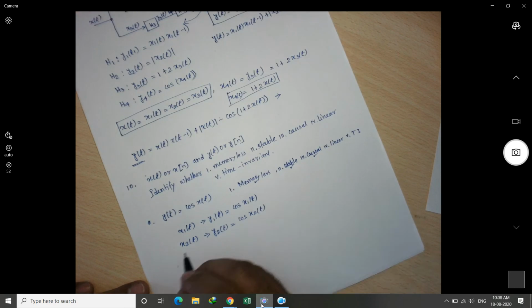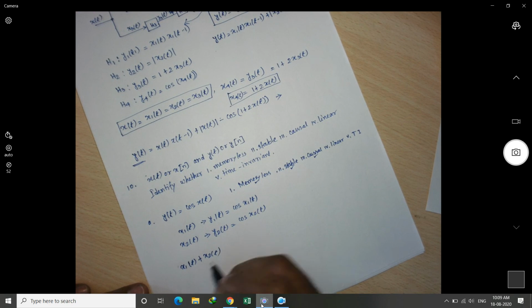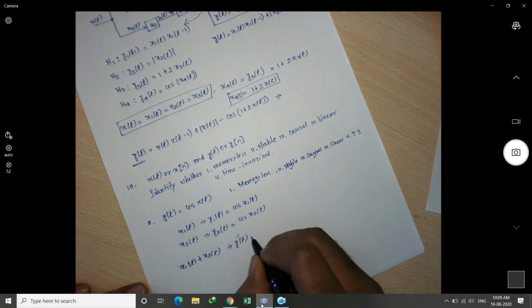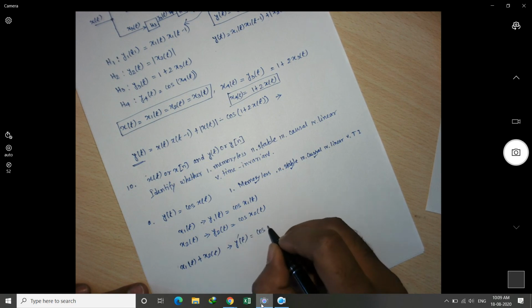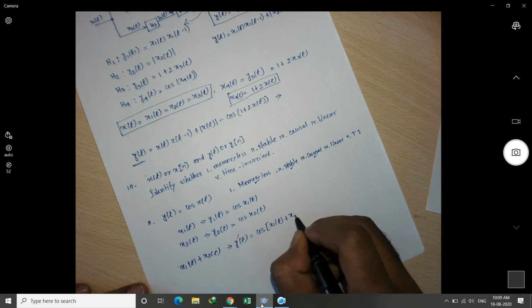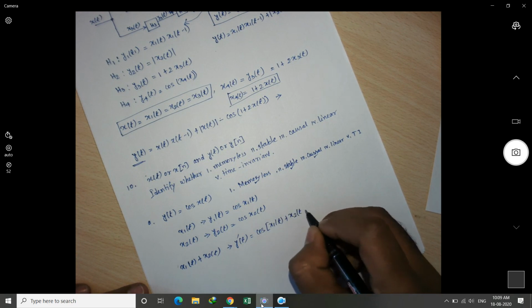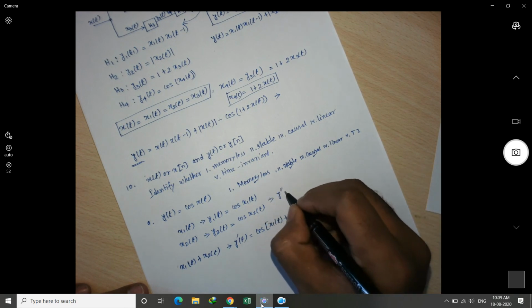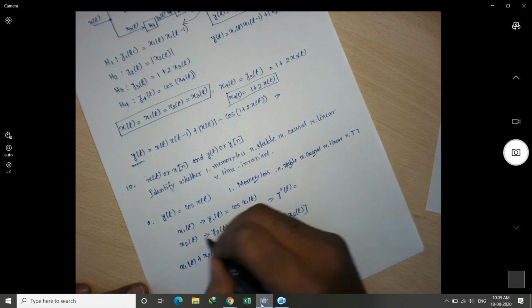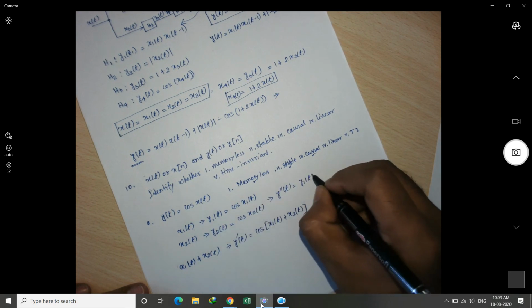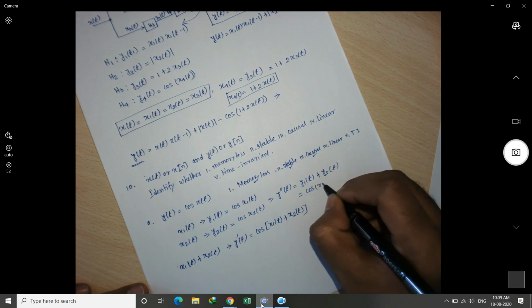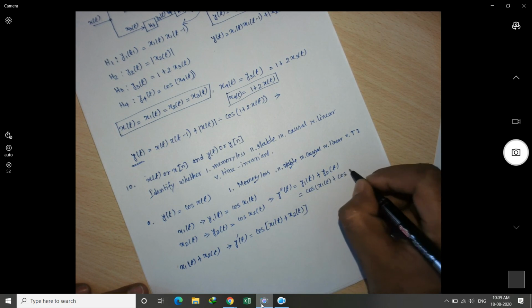Now altogether let us provide x1(t) plus x2(t). So the output which we have been considering, let us consider it is y prime(t), that will be cos of x1(t) plus x2(t). So this is our output y prime(t). For this case let us consider it is y double prime(t). What will be this? The summation of these two, y1(t) plus y2(t). So what is our y1(t)? Cos of x1(t) plus cos of x2(t).